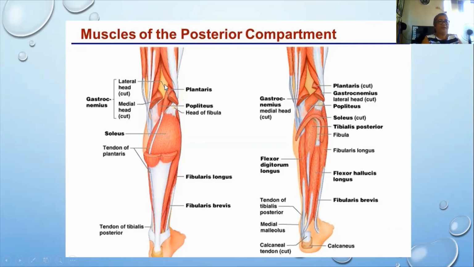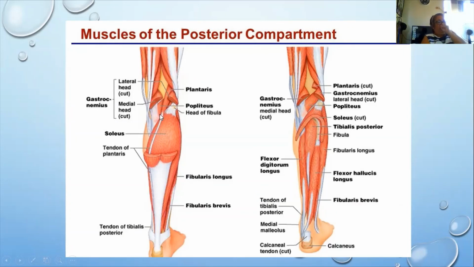Do you know that the plantaris is also known as the freshman's nerve? Why? Because the plantaris is just a small, short muscle found on the lateral surface of the leg, and it forms the inferolateral border of the popliteal fossa.